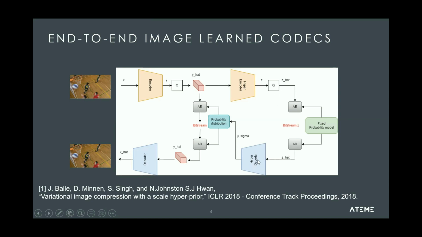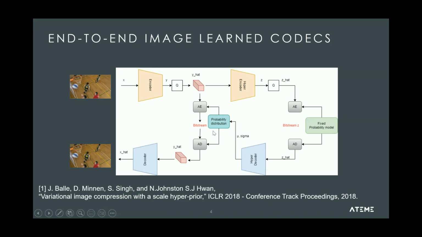And at the decoder side, we have a hyper-decoder that will take the reconstruction of Z and estimate the parameters mu and sigma of a Gaussian probability distribution that we consider to be the distribution of our latent representation.